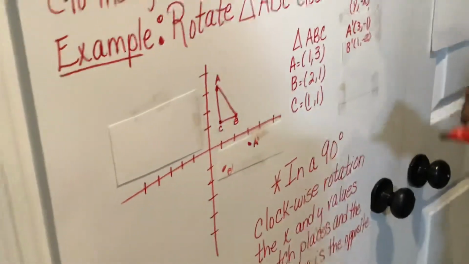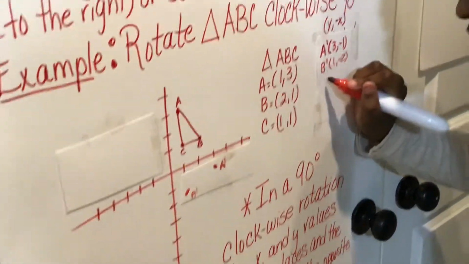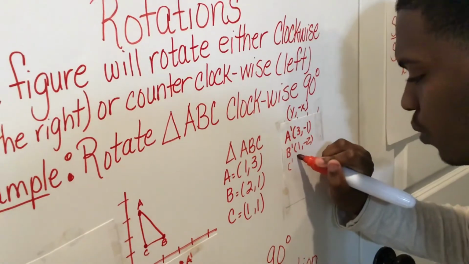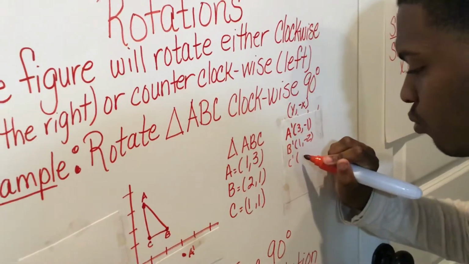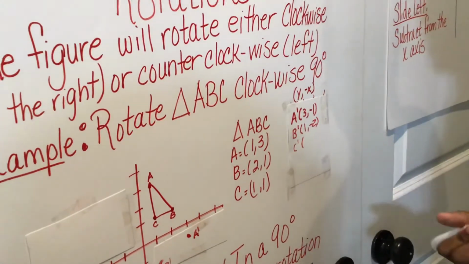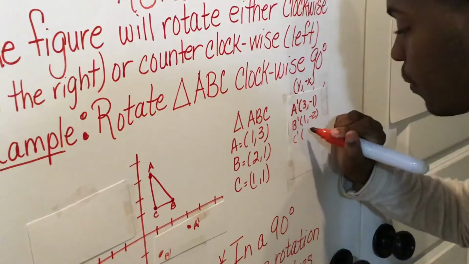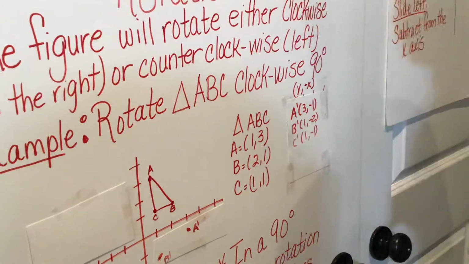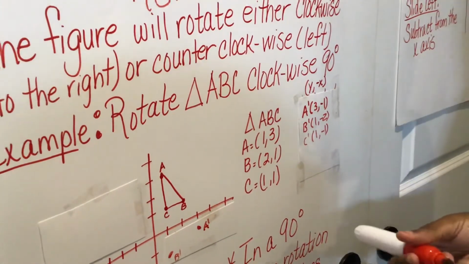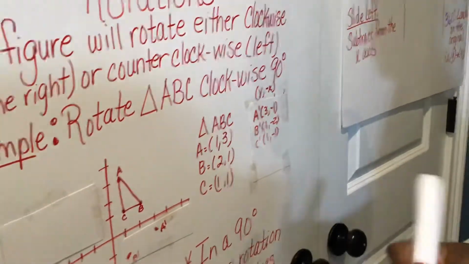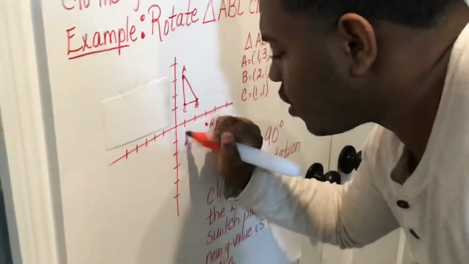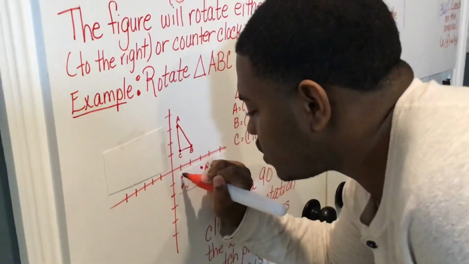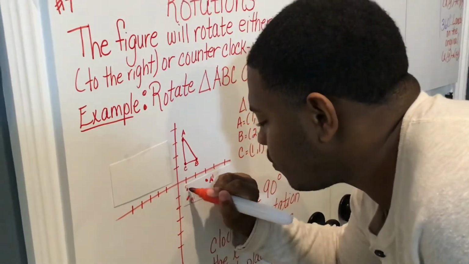And finally, C prime would be, well, it's the same value. So one of them is going to be negative and the other is going to be positive. You won't always have answers or questions this straightforward, but the idea should be the same. So 1, comma, negative 1 is our C prime.